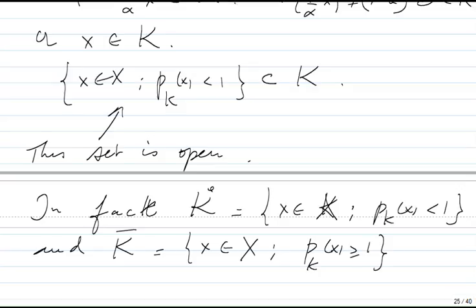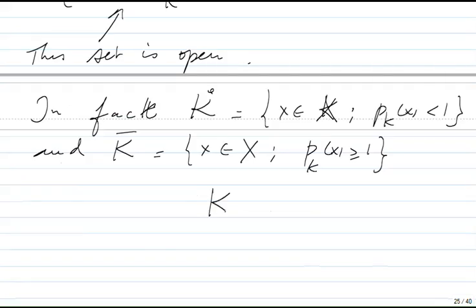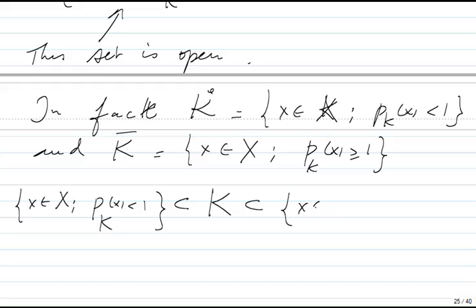So we can safely write that K, in fact, is between these two sets: the set of x in X such that pk of x is less than 1, and the set of x in X such that pk of x is greater or equal to 1. So basically the boundary sits exactly where pk of x is equal to 1.